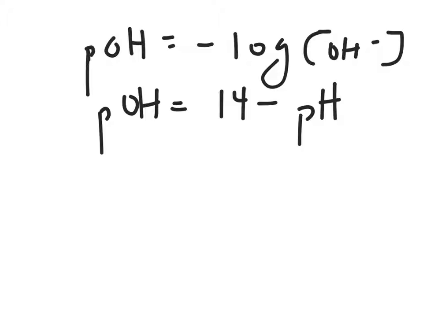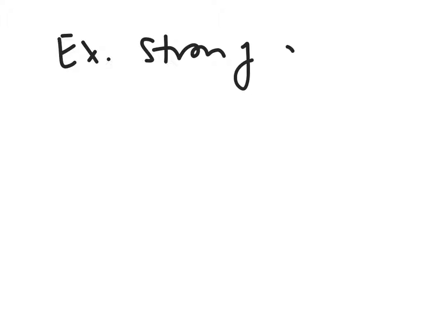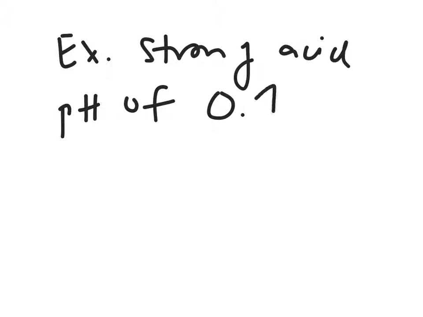So let's take a look at one more example. We'll look at an example of a strong acid and how we figure out the pH of that particular solution. So let's say we want to know the pH of a 0.1 molar solution of hydrochloric acid that we have. So hydrochloric acid is a strong acid, which means it completely breaks down.